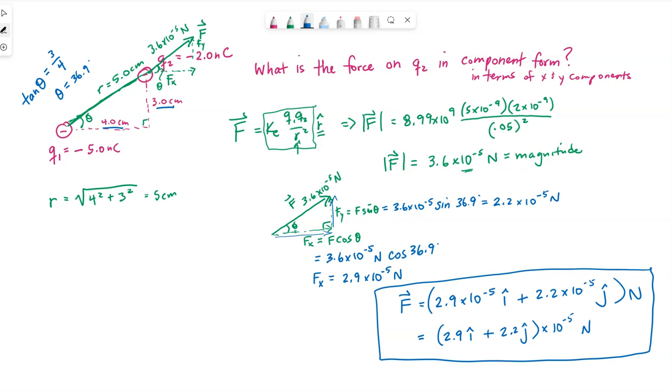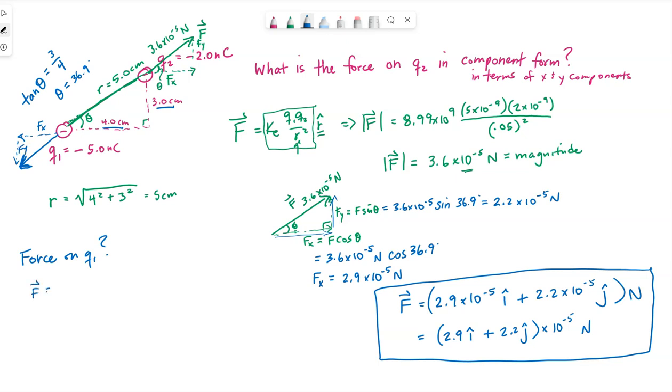If we had asked for the force on Q1 instead, the magnitude would be the same. The only difference would be this direction. Q1 would be pushed away from Q2, so it would have a negative x component and a negative y component.